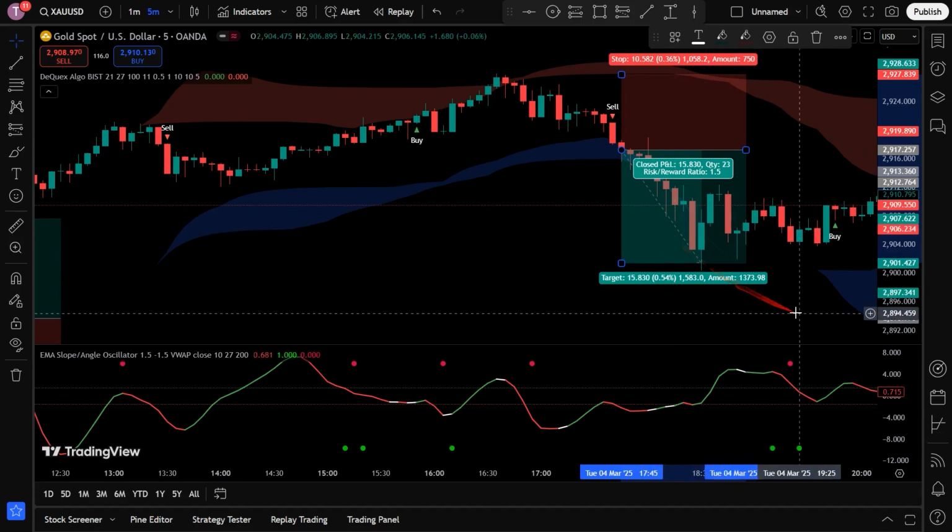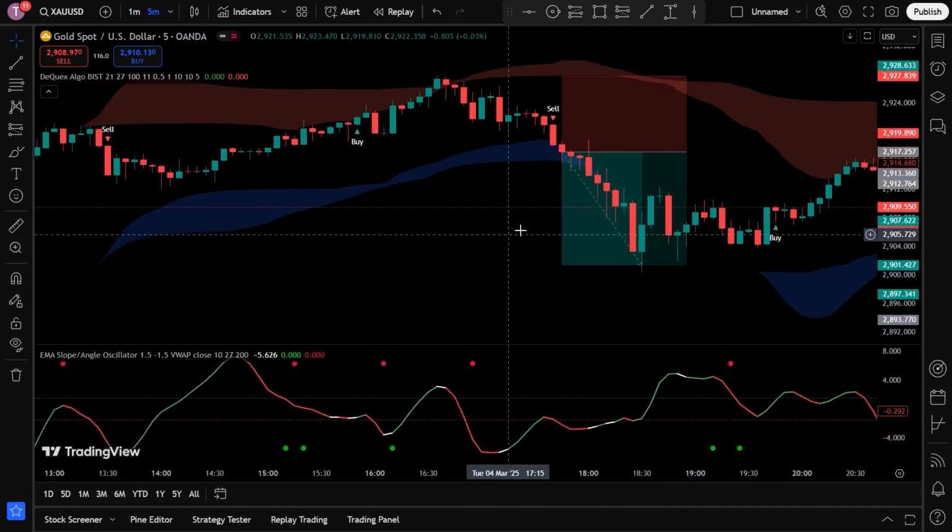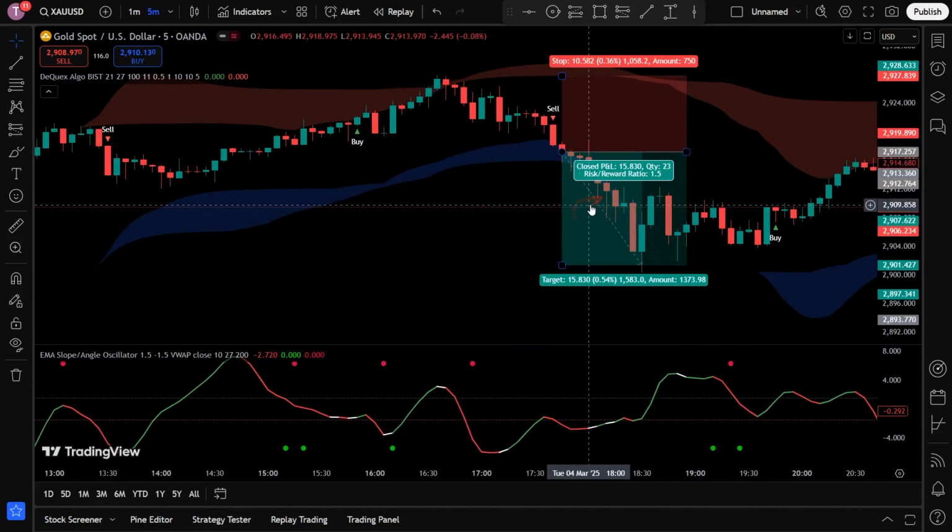Now I will change the time frame and the symbol, and I will show you the specific settings for each time frame so you can trade in any time frame you want.